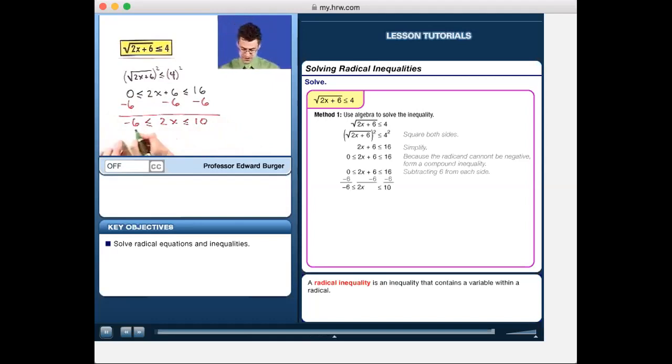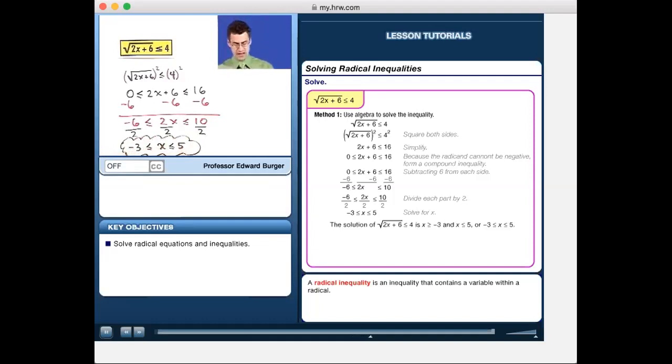Now 2 is a positive number, so the inequality symbol does not reverse. And here I see negative 3 less than or equal to x less than or equal to 5. And that's the answer. So it's all the x's that are between negative 3 and 5, including both negative 3 and 5.